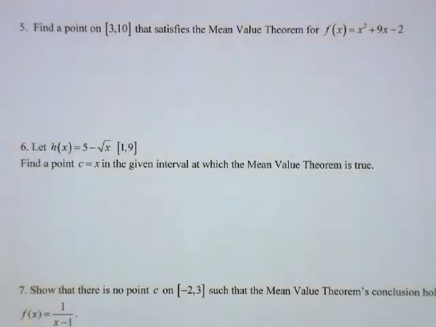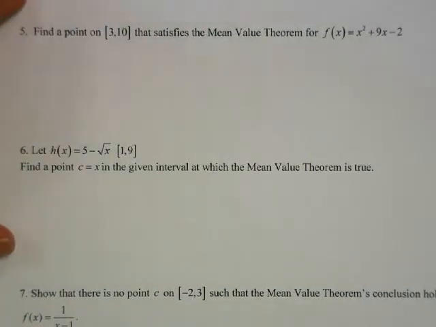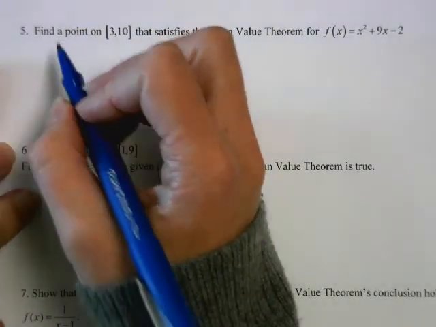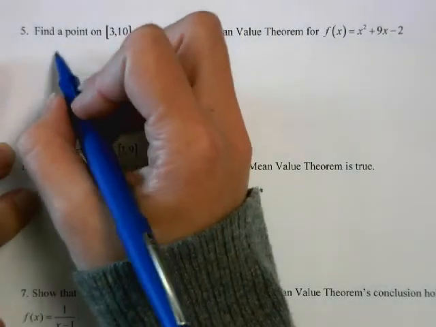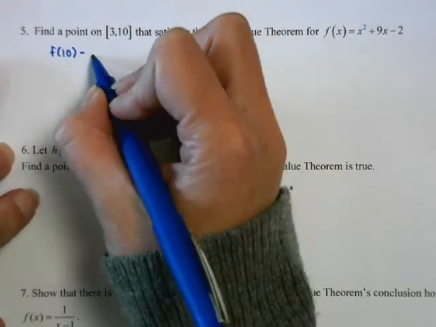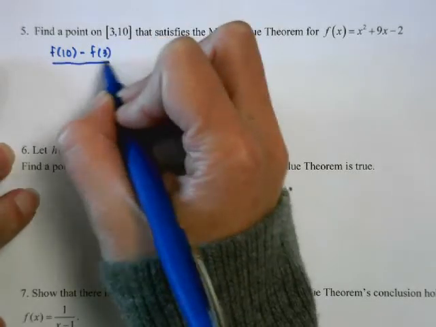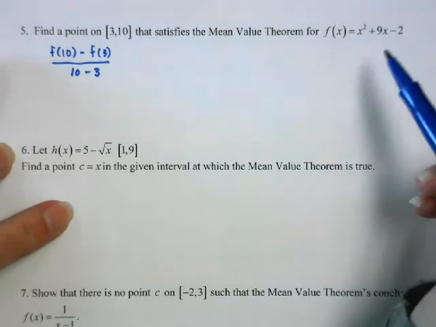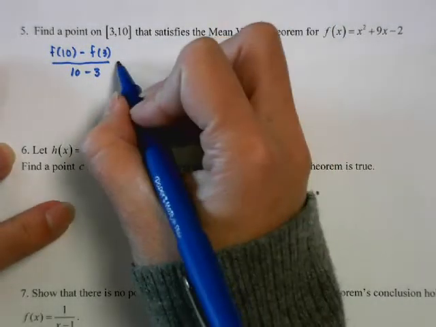So we're going to find a point on the interval from 3 to 10 that satisfies the mean value theorem. So we just have a parabola, so it's going to be continuous and differentiable everywhere, so we're good there. So first we're going to find the slope of the secant line. So f of 10 minus f of 3 over 10 minus 3. Now you can use a calculator to help you out with evaluating.